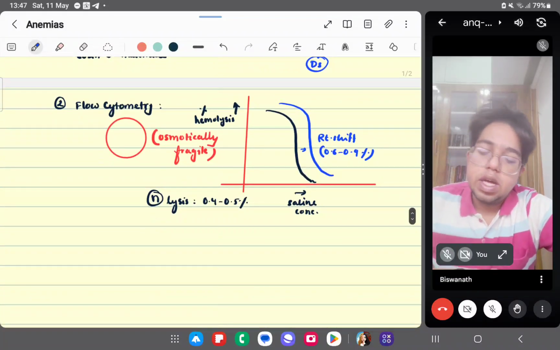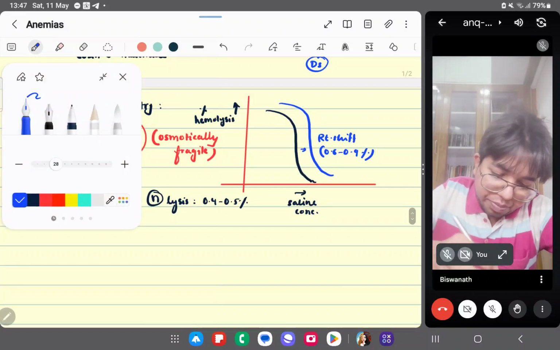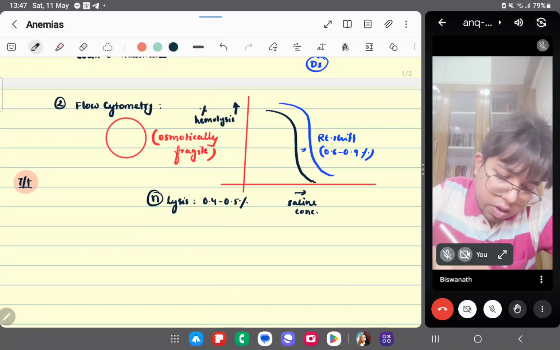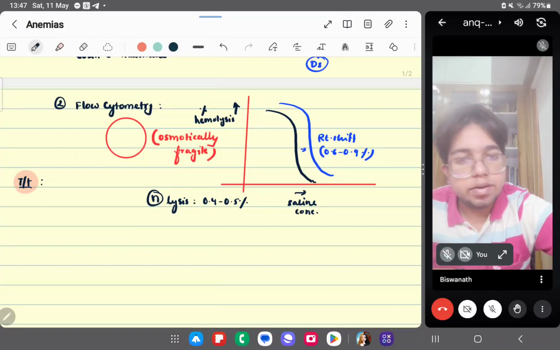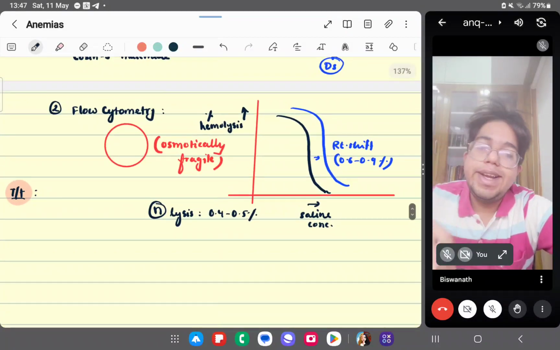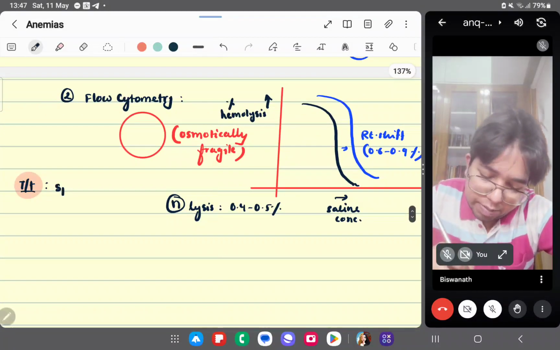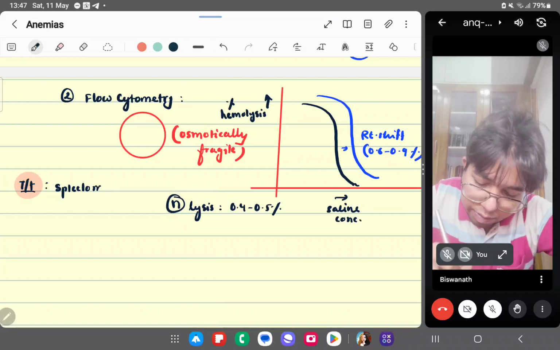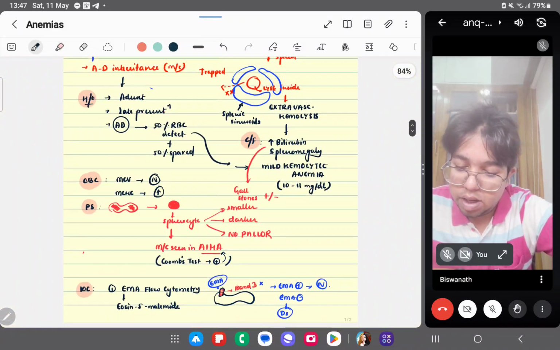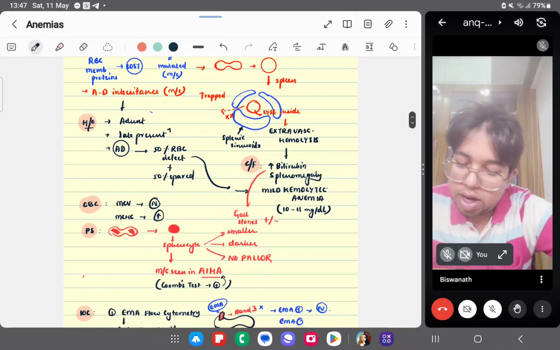Okay. So what is the treatment? How can you treat it? What do you think? Mutations are irreversible, obviously, and there is a mutation only. So splenectomy is the only way of treatment. Do splenectomy. The enlarged spleen will cause problems. So that completes your hereditary spherocytosis.